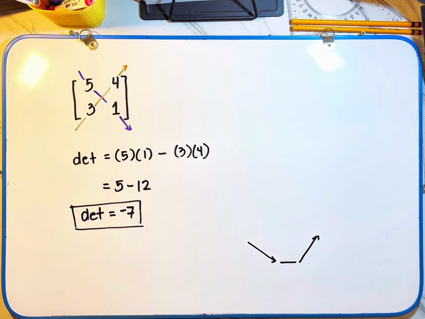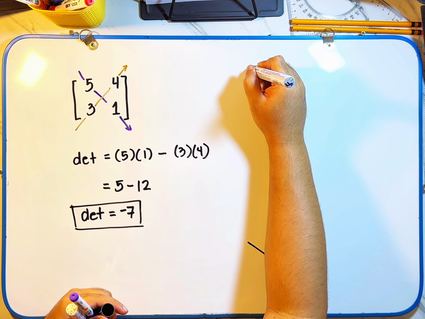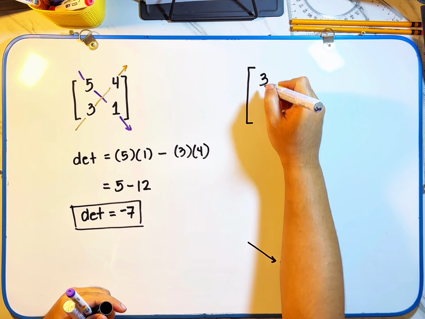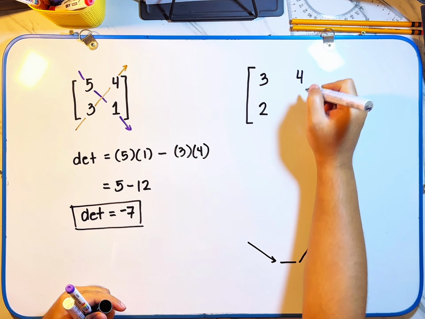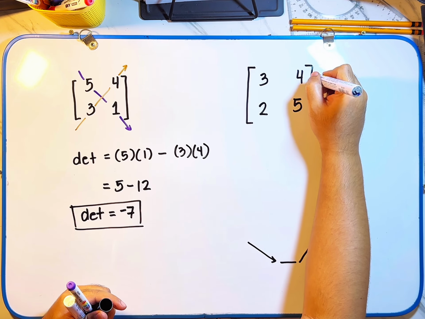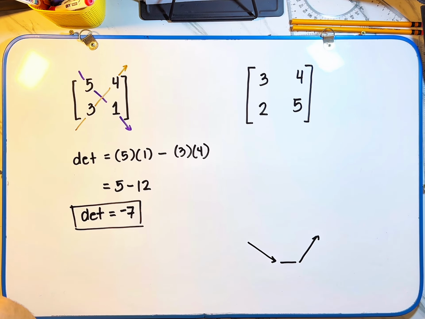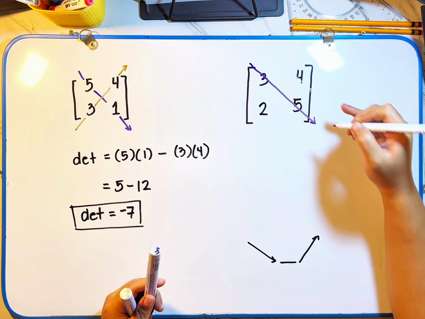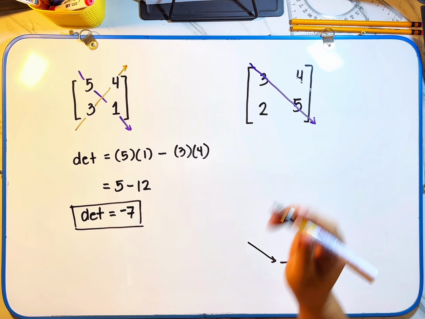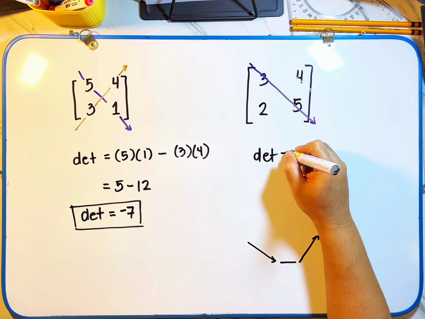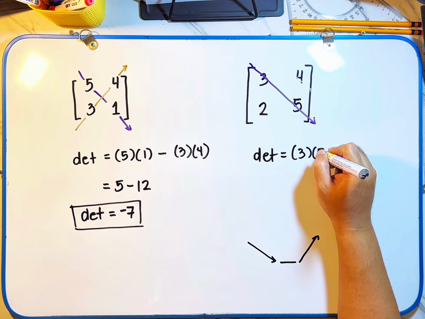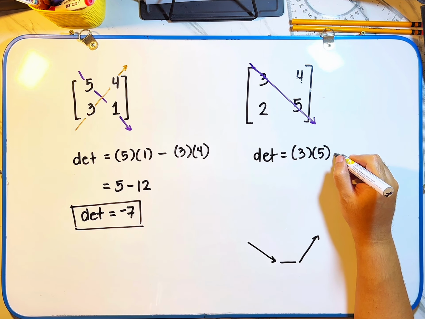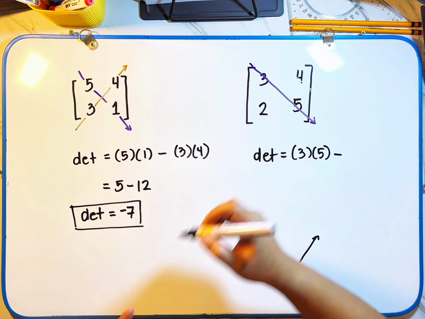Let's try another one. How about this? Okay, so what is the determinant of this matrix? Same process, use basket method. So multiply diagonally from left to right. Like that. And then, the determinant is equal to 3 times 5 minus, and then multiply diagonally upwards from left to right.